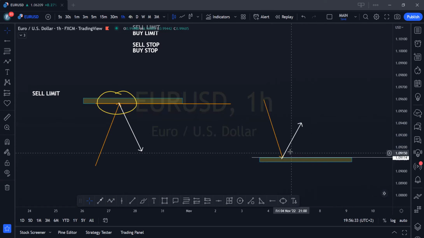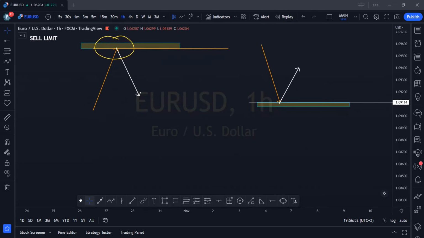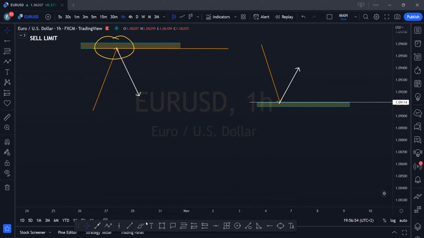Okay, that's a buy limit. So you can see why I'm saying that when you think about limit orders, think about reversal. It's a reversal order. All right, reversal. So this is sell limit, and then this is buy limit.